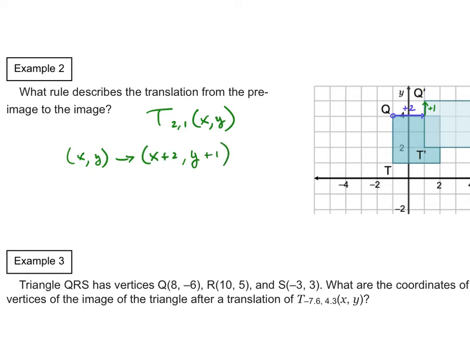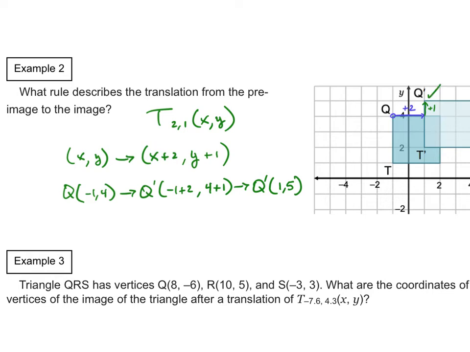And if I wanted to check that, I could say that Q used to be negative 1, 4, and I mapped it to Q prime, which would be negative 1 plus 2, and 4 plus 1, which would map to Q prime is 1, 5, and sure enough, that does check out.